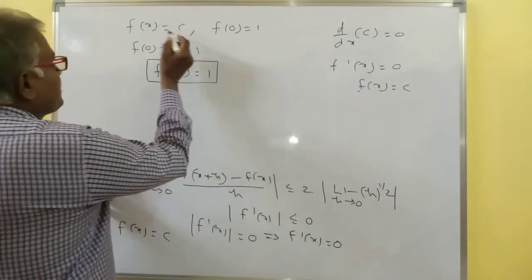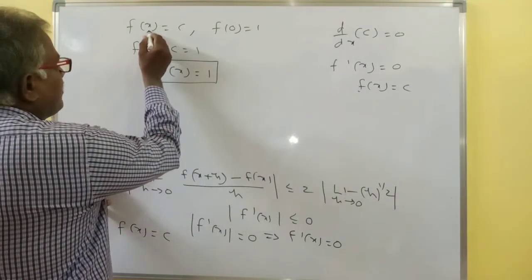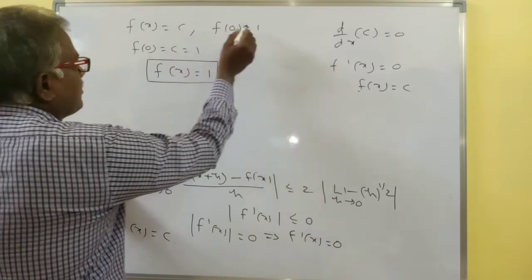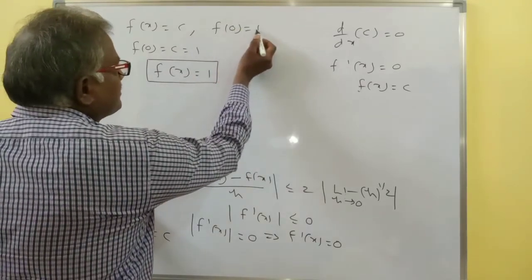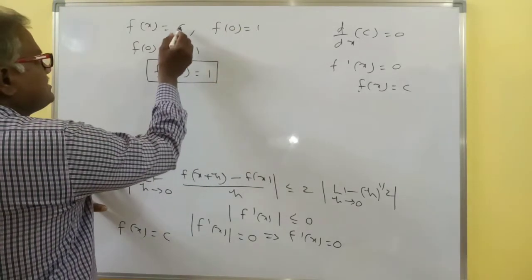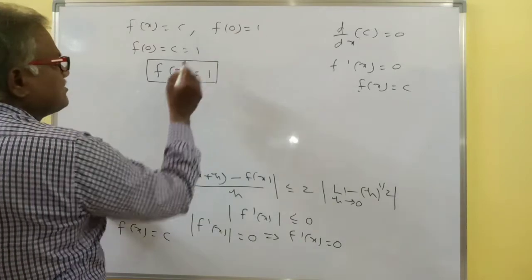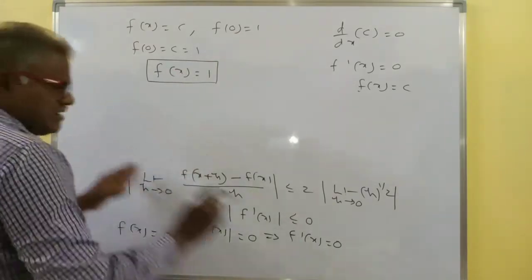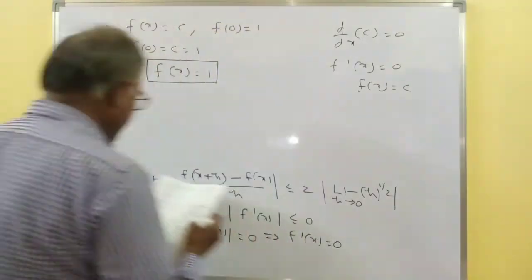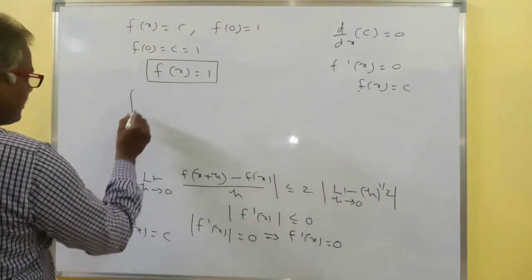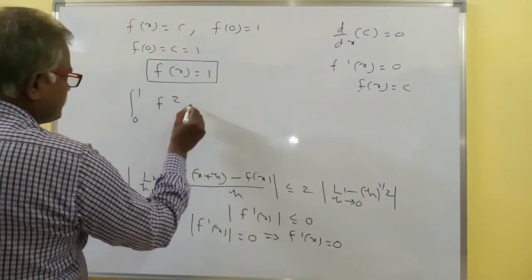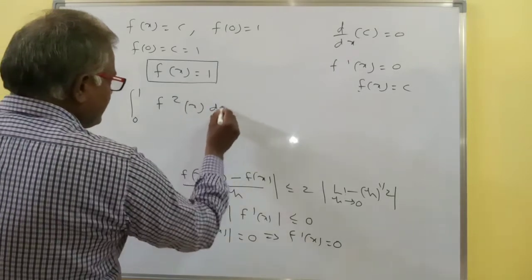Here remember clearly f of x is nothing but a constant function. What he has given, f of 0 is equal to 1. That means f of 0 is equal to c, that means c is equal to 1. Now therefore what we have to obtain? Integral 0 to 1 f square.